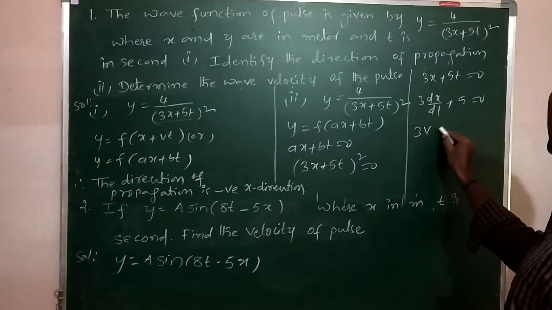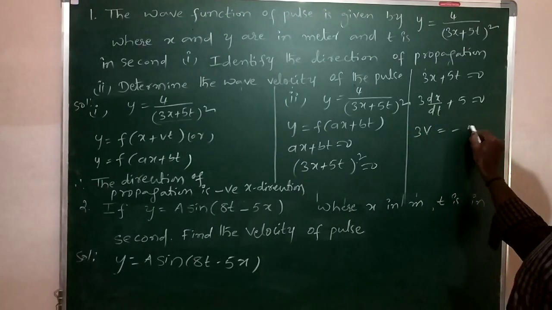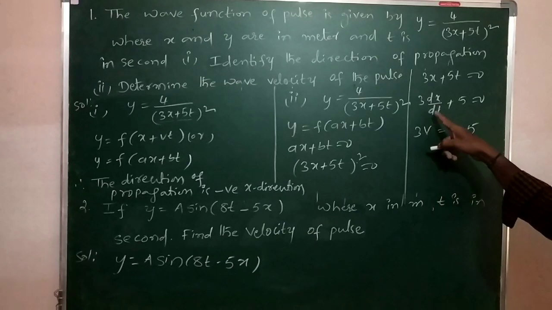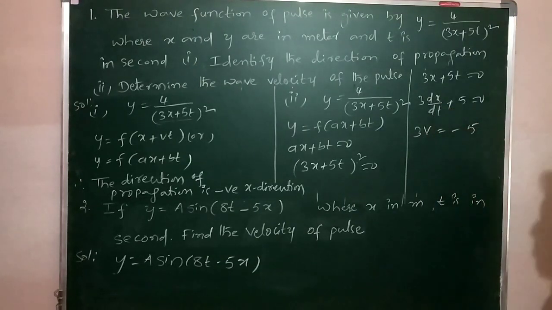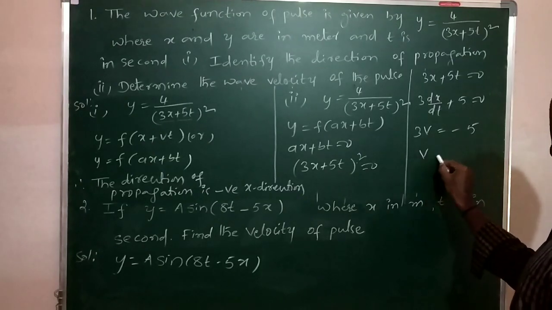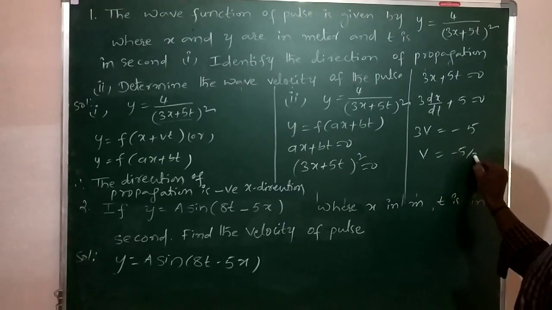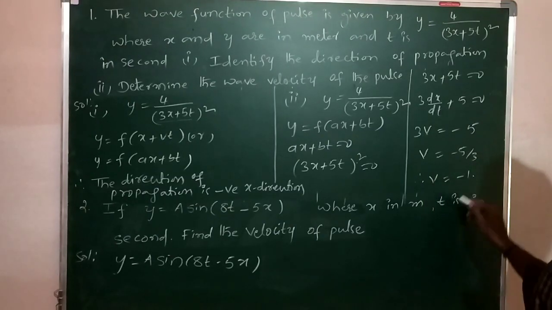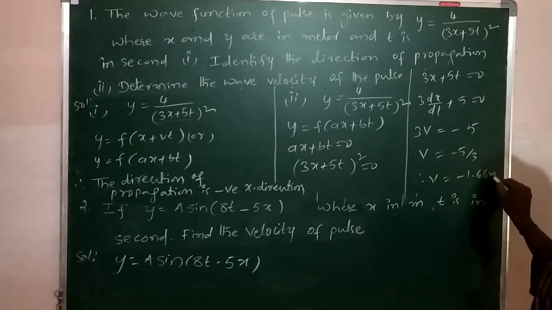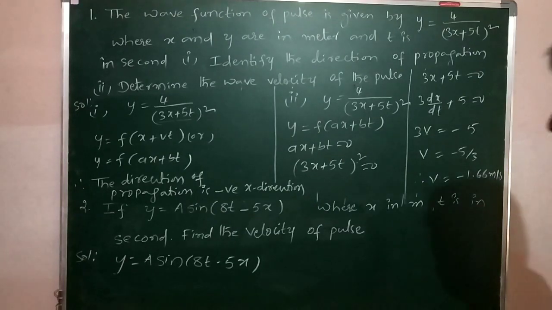Here dx by dt is v, the rate of displacement is called velocity. So 3v equals minus 5, v equals minus 5 by 3. Therefore v is equal to minus 1.66 meter per second.